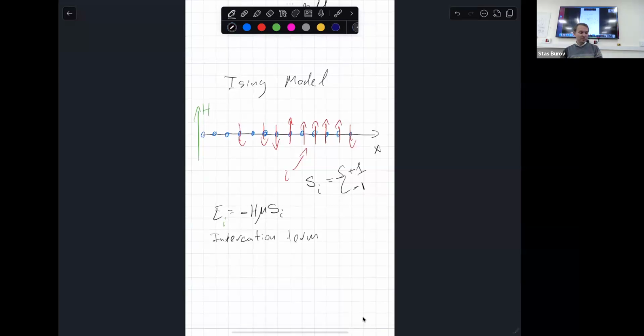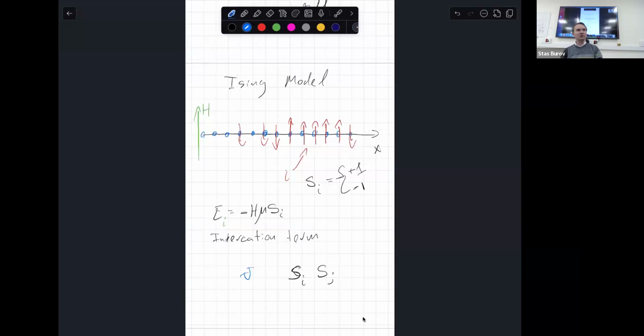And what is this interaction term? We assume the following. We take a spin Si, and we take another spin at position j, Sj. Si can have values 1 or -1, and Sj can also have values of -1 or 1. Because those are unitless numbers, we need to introduce a coupling constant.